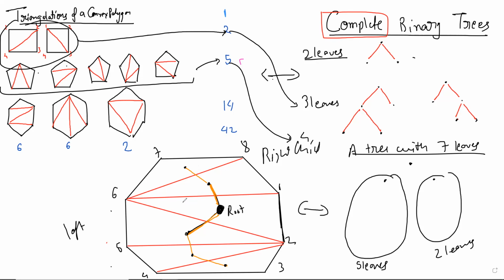One of the sides will be a parent, and the other two sides will be children. But in that case, how will it work? Suppose you take this triangle in which one thing is a side.